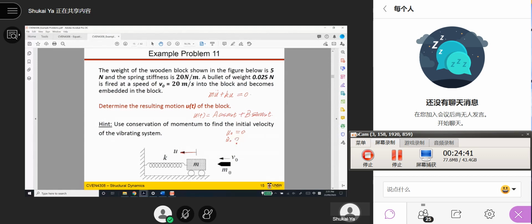Okay, and now let's try to get the mass and the spring. The wooden block has 5 Newton weight. The bullet has 0.025 Newton, and the speed is V0.